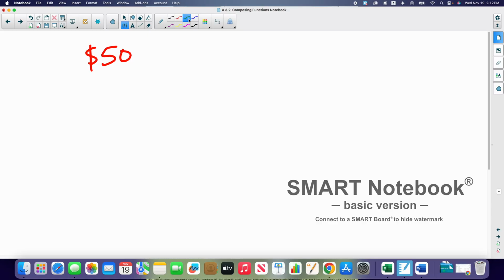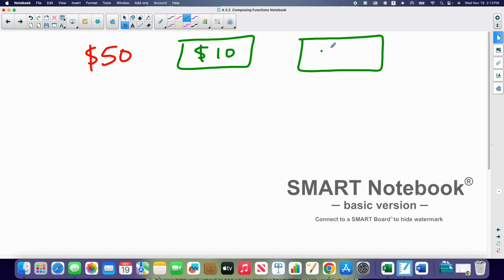My wife has 2 coupons. This store that she goes to a lot will accept both coupons. She has a $10 off coupon and a 20% off coupon.